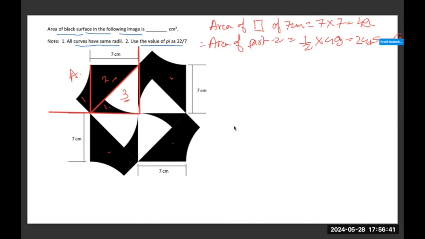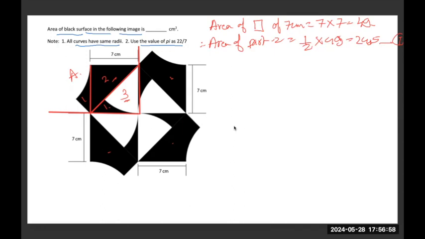I've already found the area of part 2. Now I'm interested in finding the area of part 1 because part 1 consists of the black part, and 2 such black parts are there. In order to find the area of part 1, I will first find the area of part 3 and subtract it from the total part.